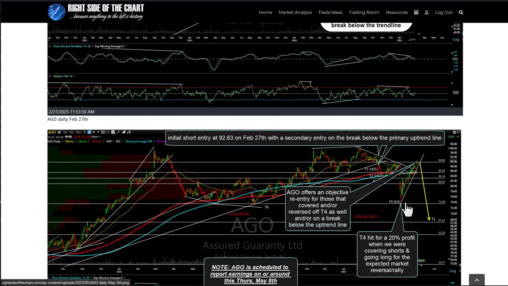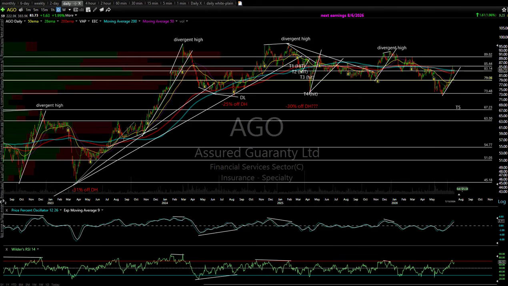T4 was hit there. Okay, I posted the reentry, 20% profit. And then a reentry short here on a break of this trend line right here, and or at that 89.92 resistance. So that was right here, I think. I believe that was the trend line.